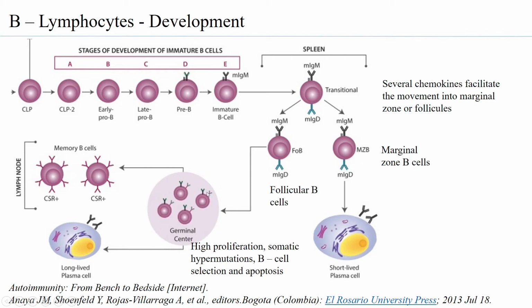Please remember that this will happen only when the B cell is already exposed to an antigen. Only on interaction with an antigen can you have this high proliferation and B cell selection happening. The selection happens in such a way that only those B cells that have antibodies on their surface with high affinity for the antigen will be selected. The other B cells will be eliminated through apoptosis. So such clonal selection takes place within the germinal centers.